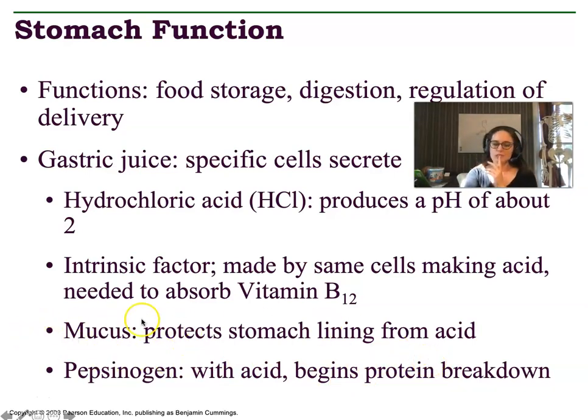We'll also have mucus protecting the stomach lining from the acid, because guess what? The human body is not a huge fan of this acidic of an environment. Everything in your stomach has evolved to work in that situation, so pepsinogen specifically works in the presence of hydrochloric acid, which is not typical of something like catalase, for example, as you know.